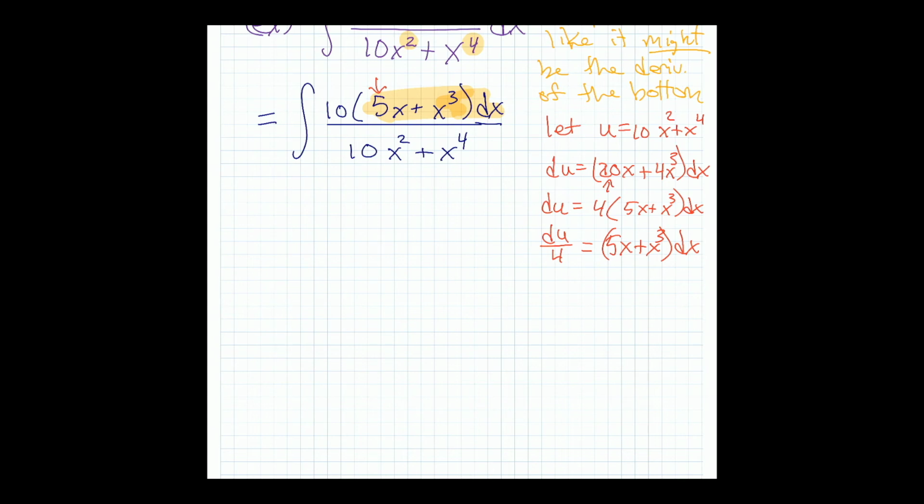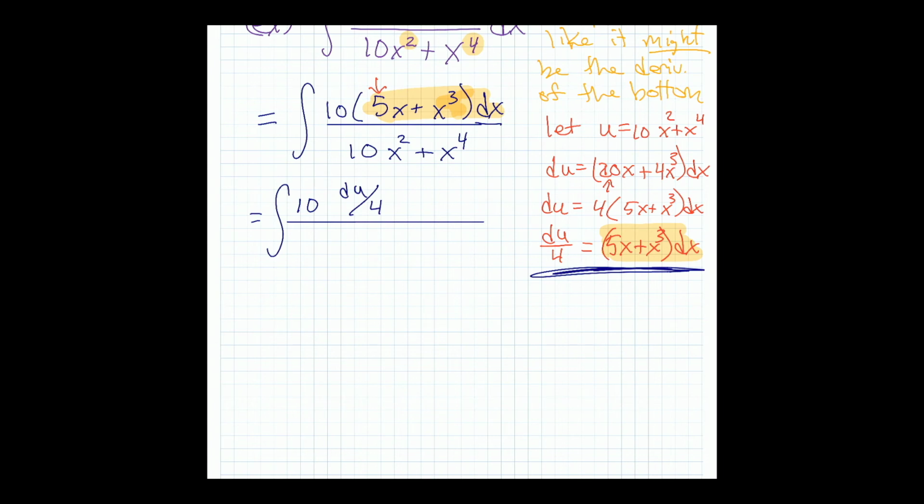And now this right here is going to match what we have in our numerator. So once we've done all that, we can make our substitution. We've got this 10 that we factored out. Then we've got the highlighted part, which is just du over 4.